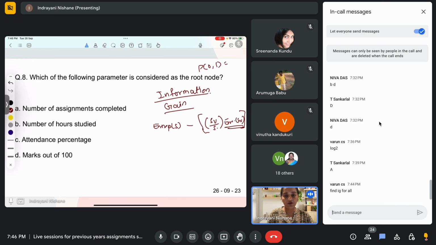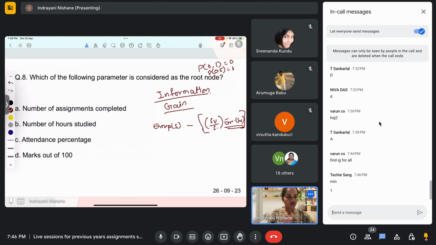What is the entropy value, maximum or minimum? For 0 and 1 it is 0, right? That is the minimum value of entropy. And for a probability of 0.5, what is the value of entropy? You remember that graph? It is 1. So we will keep this information handy to help us get the entropy value.